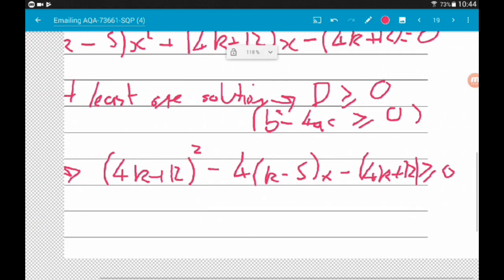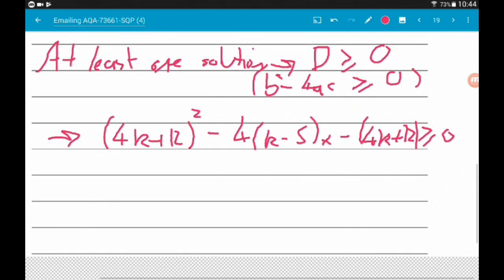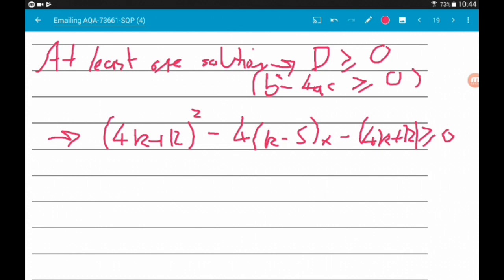So now we're going to want to expand this stuff. What would be really nice is if we could spot a common factor at all. So first of all, I'm going to sharpen it up at the end a little bit.